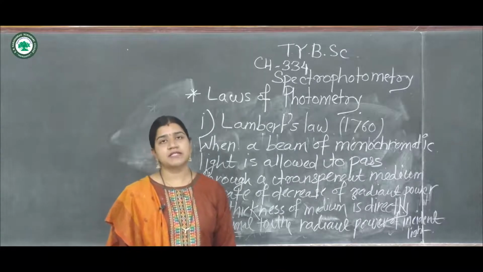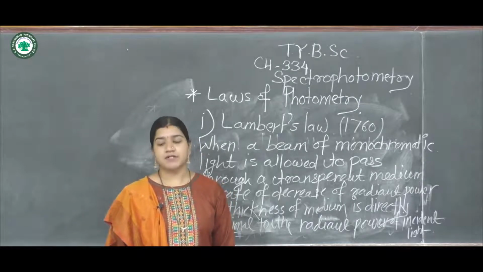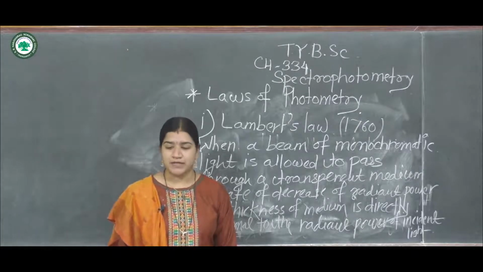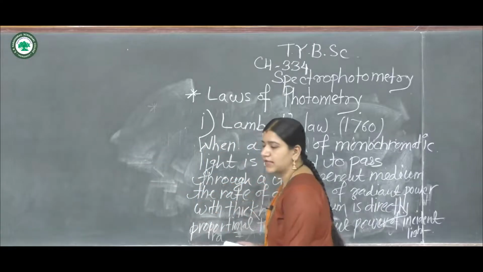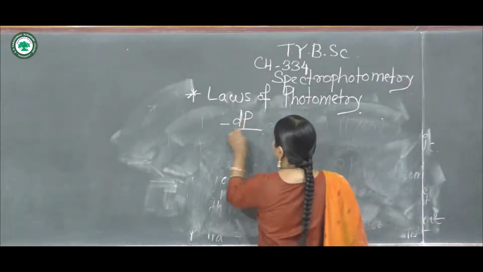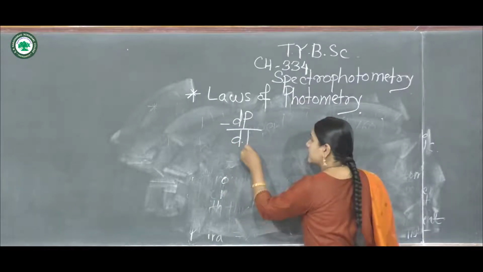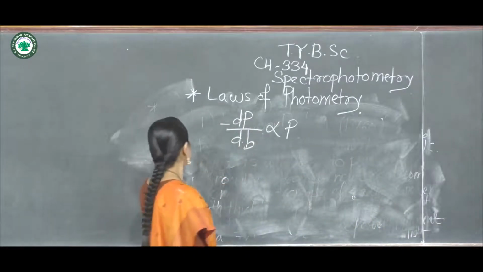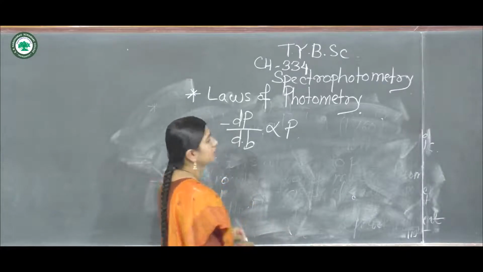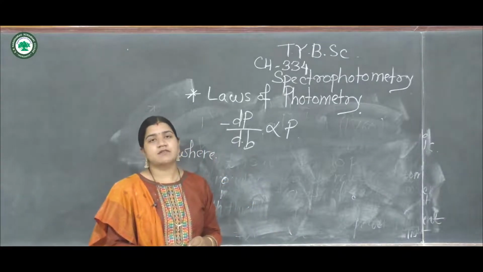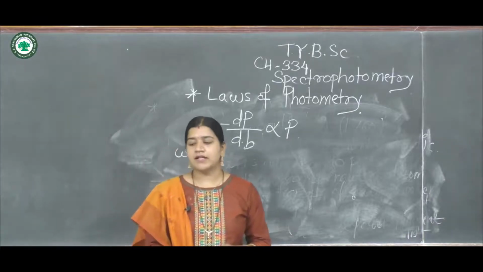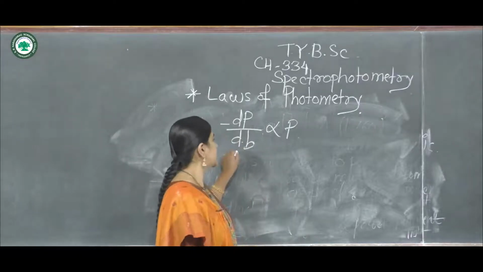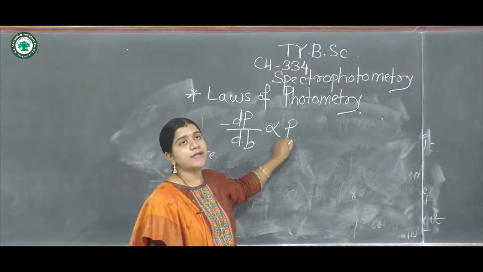How can it be stated mathematically? Mathematically, Lambert's law is written as minus dP by dB is directly proportional to P, where dP is the change in radiant power when light of radiant power P passes, dB is the change in the thickness, and P is the radiant power.